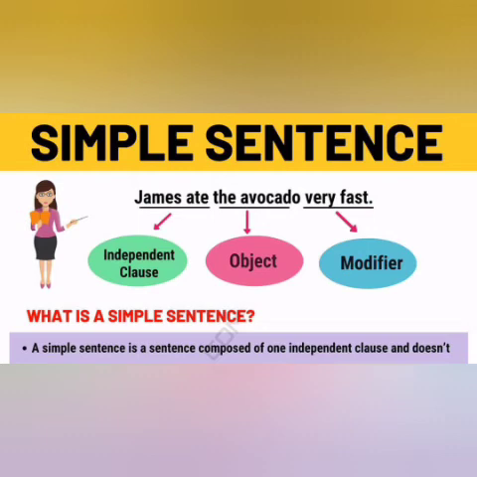A simple sentence is a sentence composed of one independent clause. Once again, in a simple sentence, there is always one independent clause, no dependent clause. For this, I have given the example on the screen: James ate the avocado very fast.